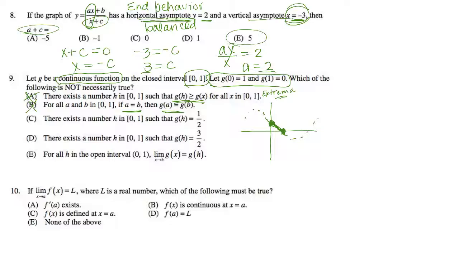Let's see, part C, there exists a number h so that g at h equals 1/2. Well, now that sounds almost tempting, because we have between 0 and 1, and we know from here and here. Let me change colors. So we know just this portion here to here, and here to here.